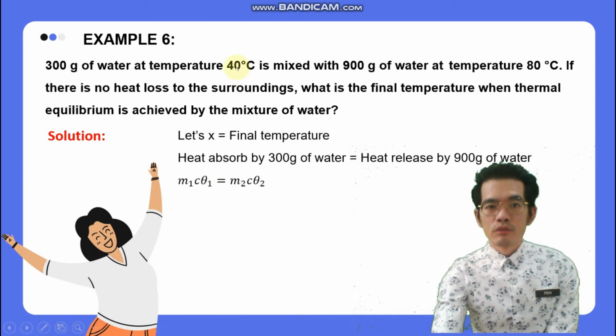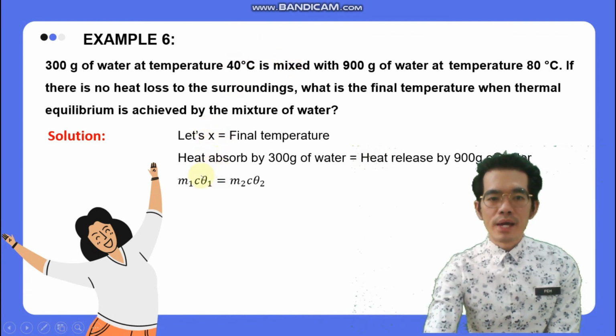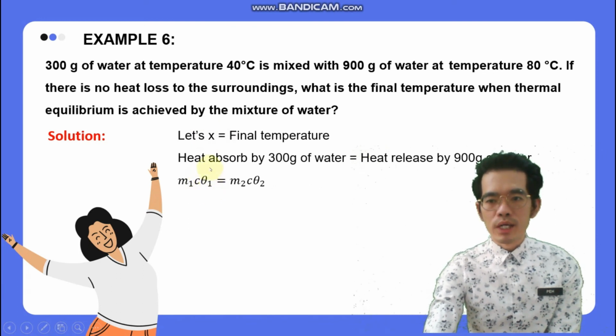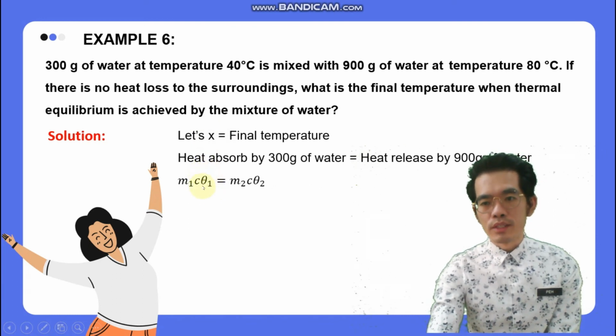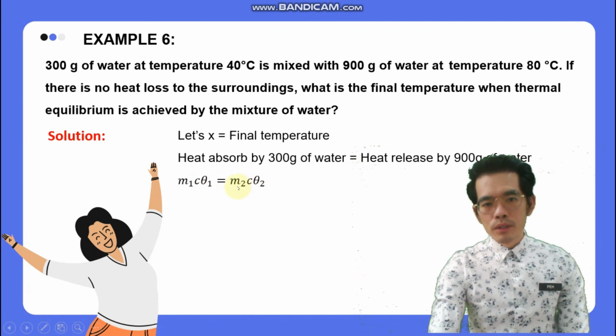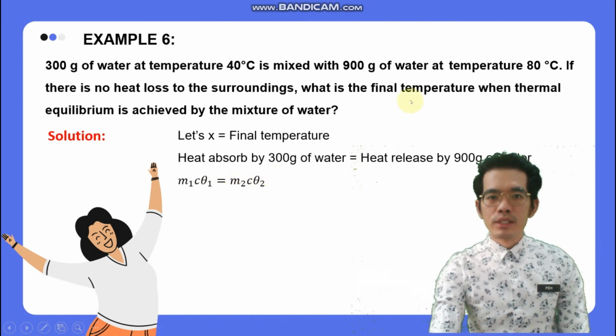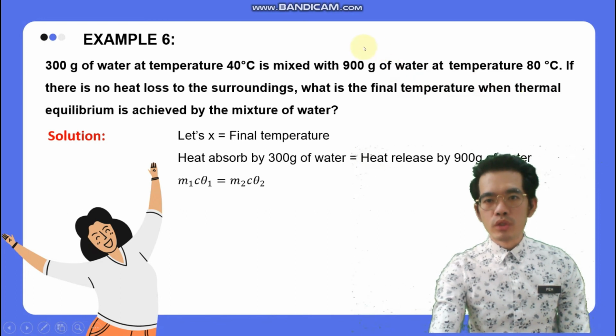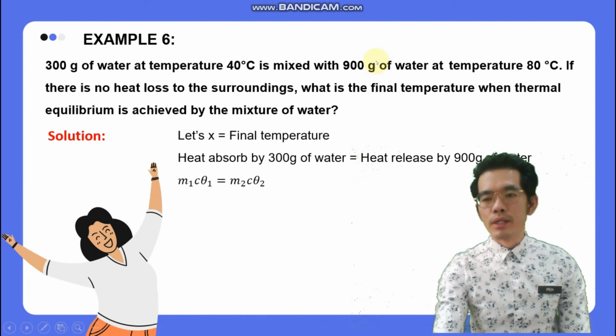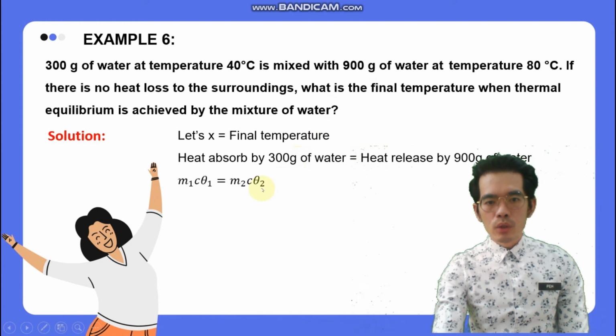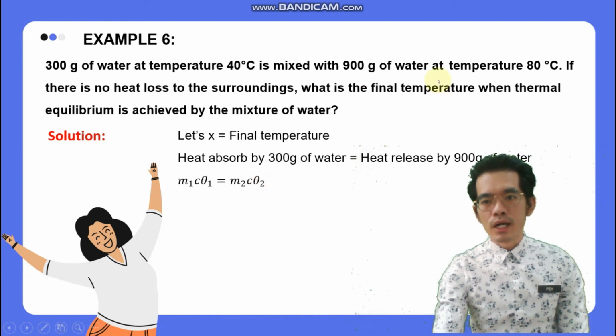Delta theta 1 represents the change of temperature for the first cup of water, so it increases from 40 to X. That means the temperature change will be X minus 40, so that we get a positive value for delta theta 1. M2 represents the mass of the second cup of water, given as 900 grams, so changing to the SI unit becomes 0.9 kg. Delta theta 2 will be the change of temperature for the second cup of water.